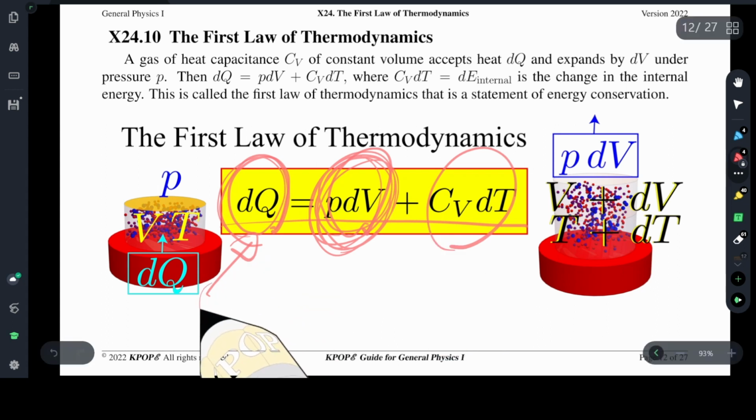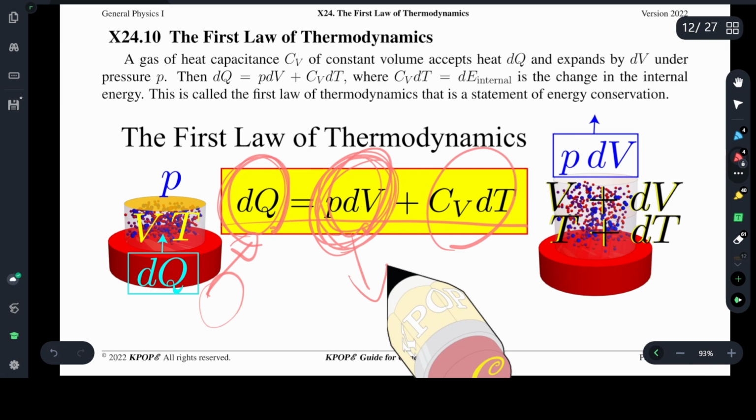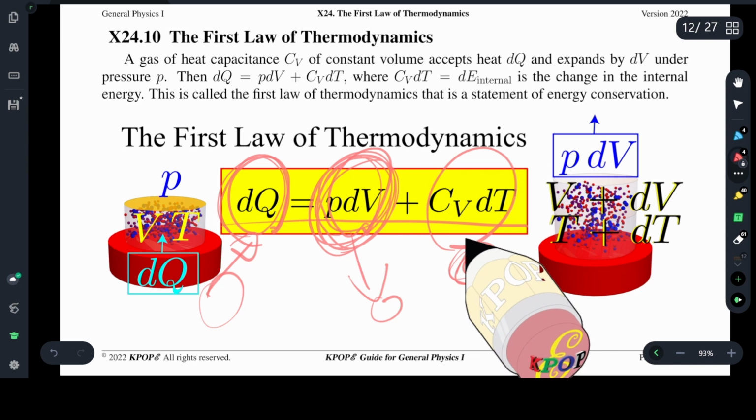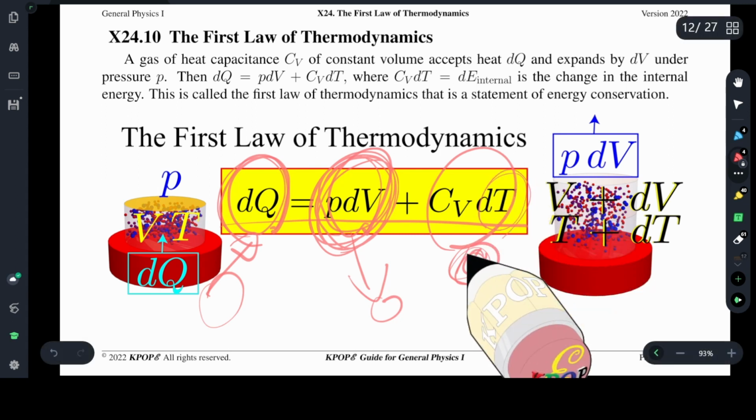Anyway, it accepts and it gives away, and the remnant is for the change in the internal energy, internal kinetic energy of the gas. So that results in the temperature change.